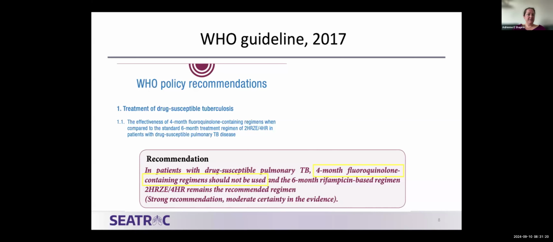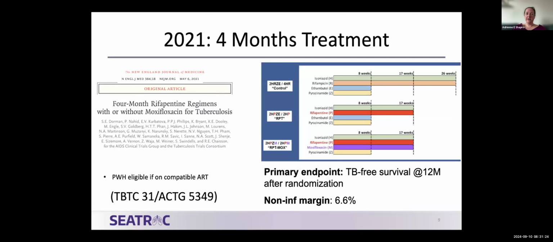We were stuck with 6 months as the minimum duration of TB treatment until 2021, when another study looked at not just including a fluoroquinolone in the treatment shortening regimen, but also changing rifampin for rifapentine, which is a related drug. And so this clinical trial compared 3 regimens.